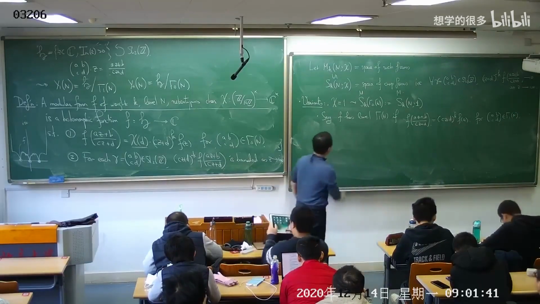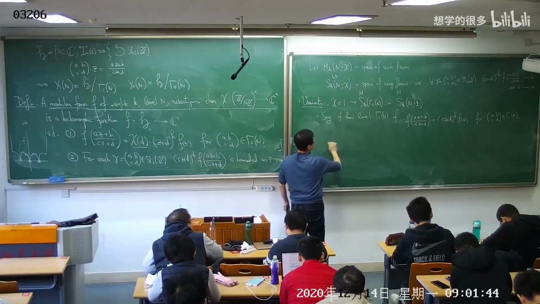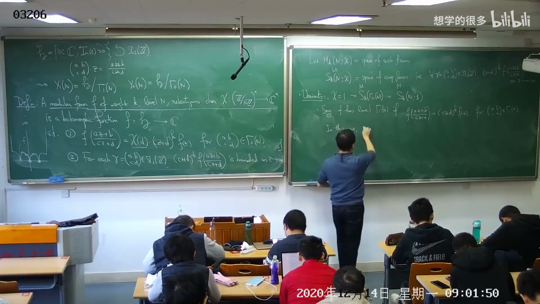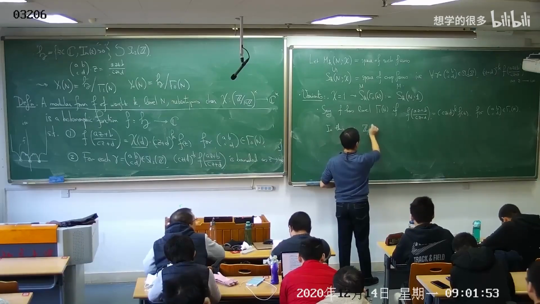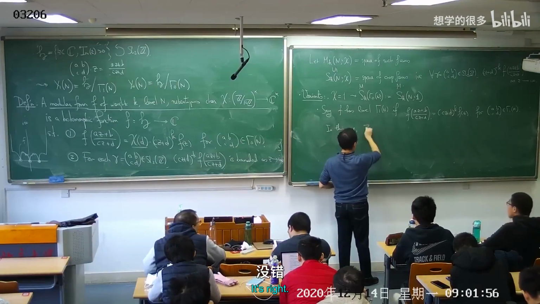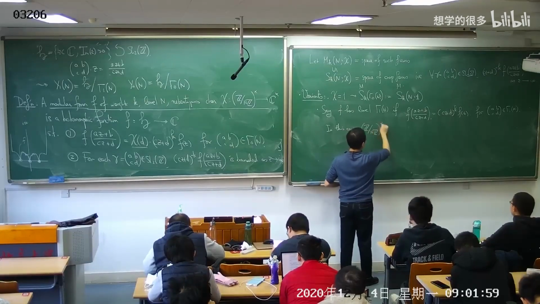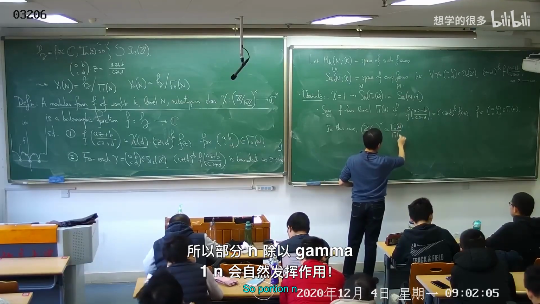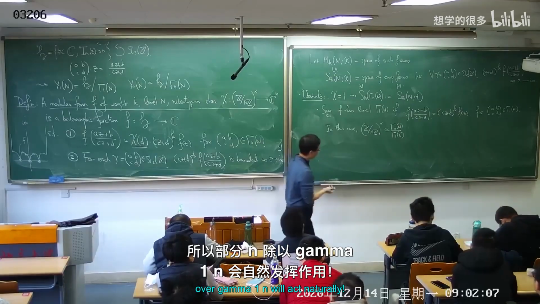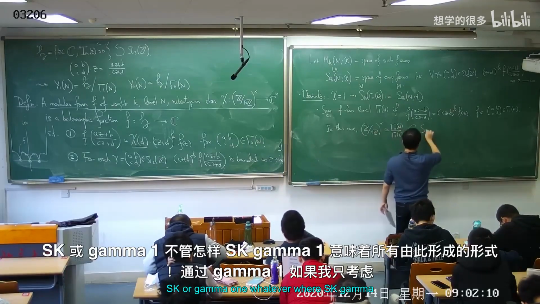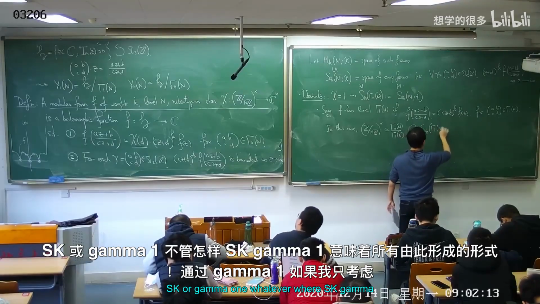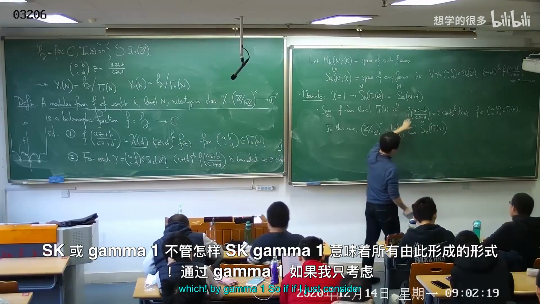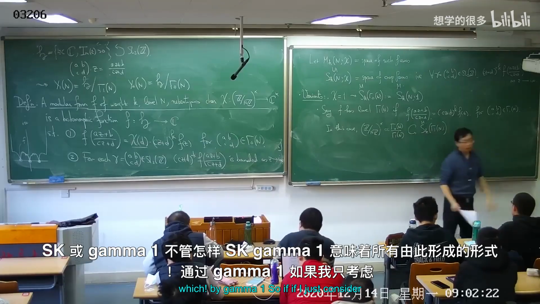So in this case, let me say that the quotient Γ_0(N)/Γ_1(N) will act naturally on S_k(Γ_1(N)), where S_k(Γ_1(N)) means all the forms satisfying this condition with this replaced by Γ_1(N).